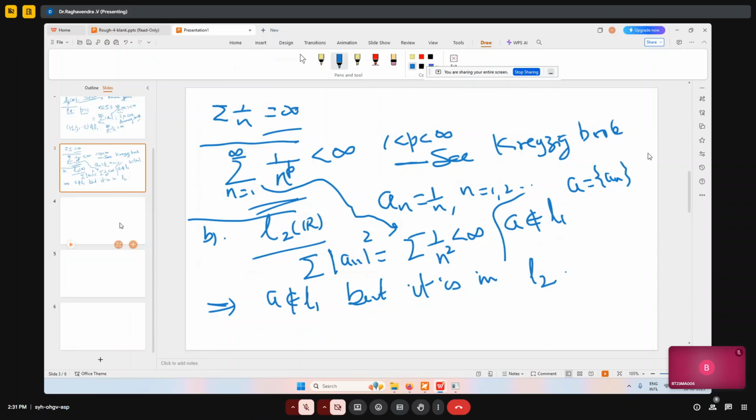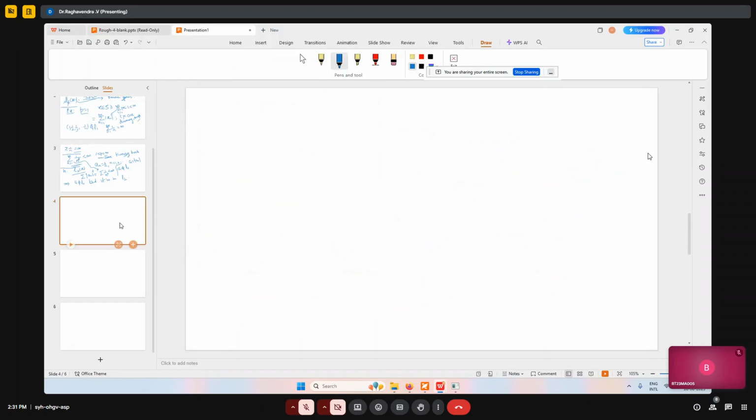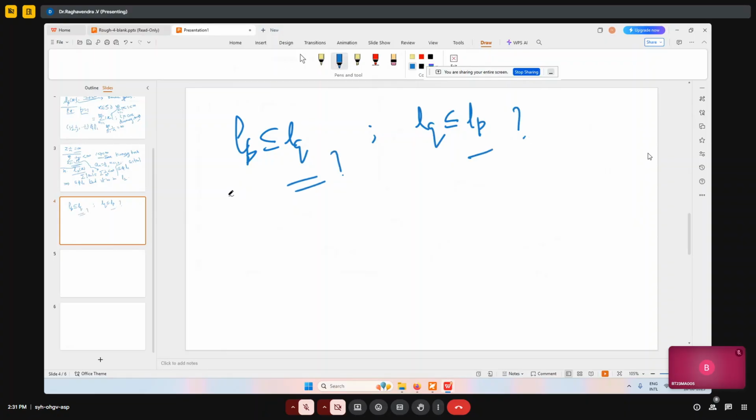Now, what I am trying to tell you is, is Lp contained in Lq, or Lq contained in Lp? This you have to be clear about. If it is true, give a proof. If it is not true, give a counterexample. Obviously L1 is not in L2.